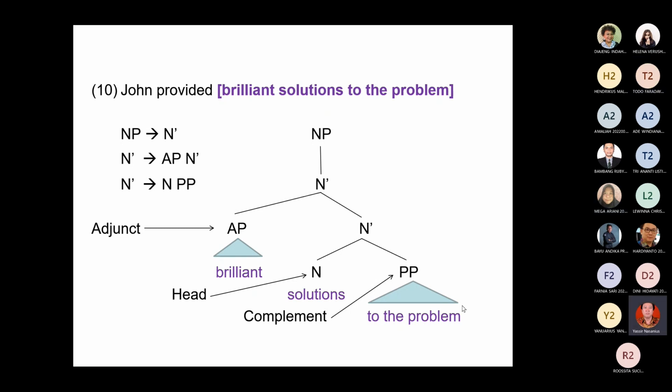And why is to the problem a complement? Because it's the daughter of N bar and the sister of N. So you see here, the intermediate projection, the N bar, is very important, because without the N bar, you will not be able to distinguish between brilliant and to the problem.